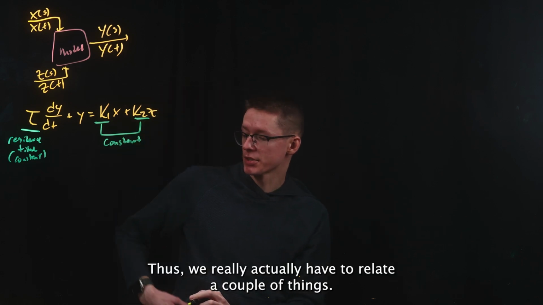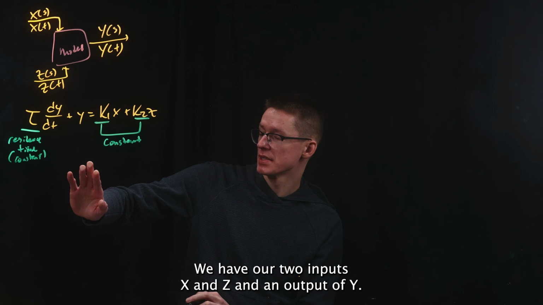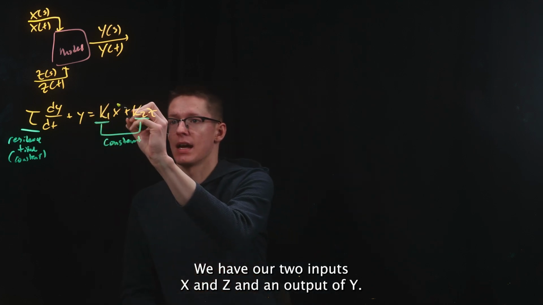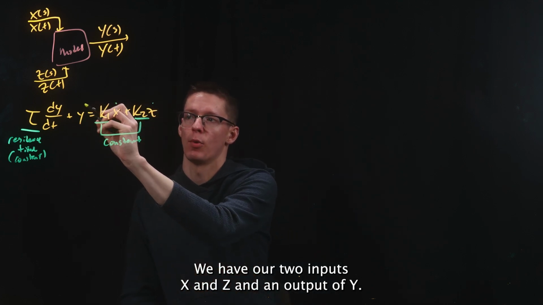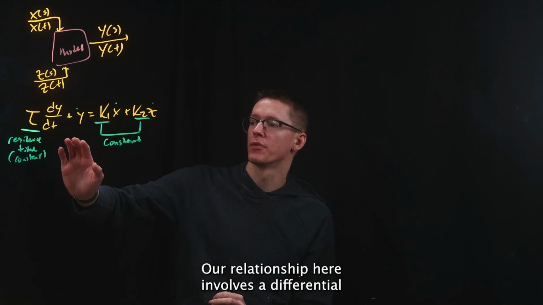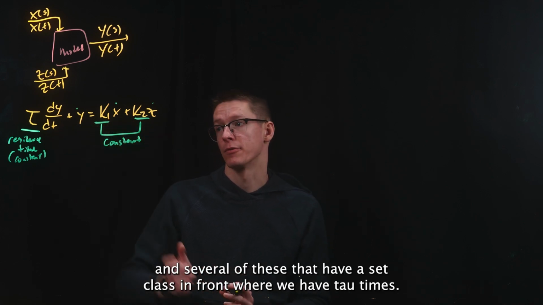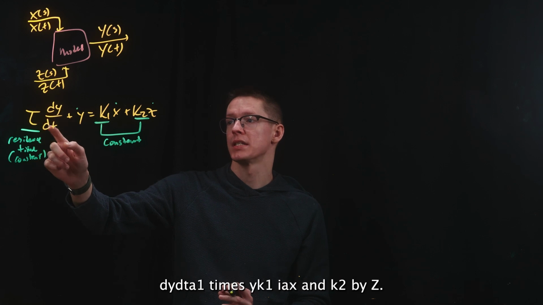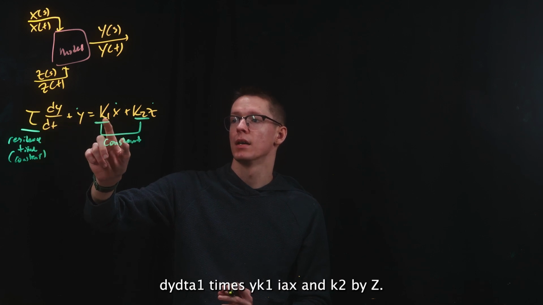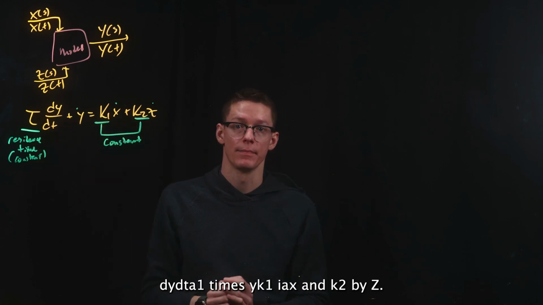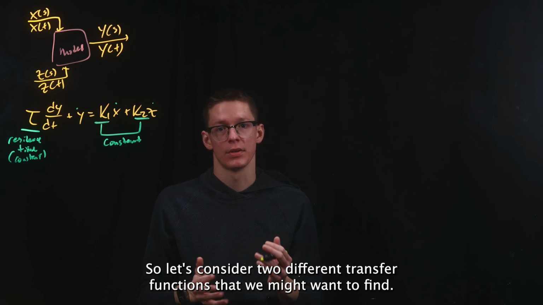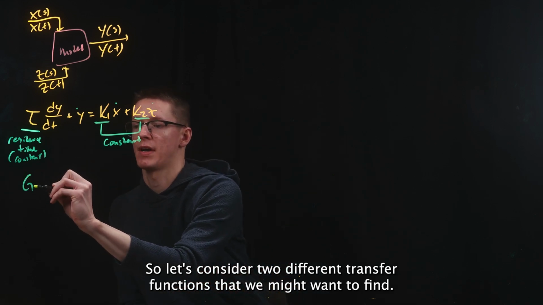Thus, we really actually have to relate a couple of things. We have our two inputs, X and Z, and an output of Y. Our relationship here involves a differential and several terms that have a set constant in front, where we have tau times dy/dt, 1 times y, k1 times x, and k2 times z. So let's consider two different transfer functions that we might want to find.